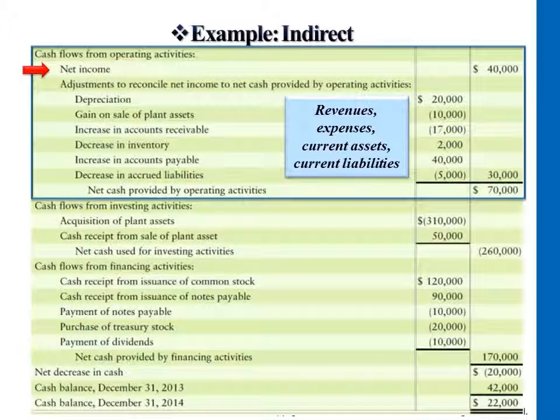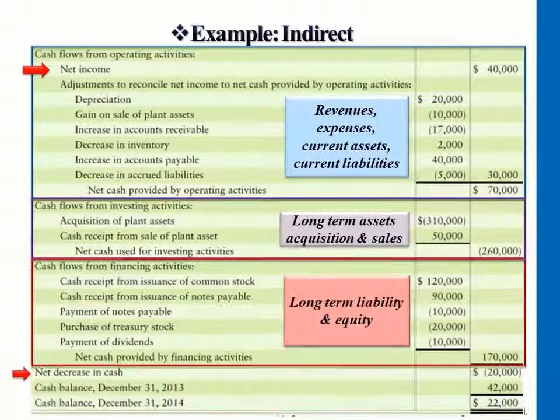If we start from net income, it's easier because the majority of cash increases and outflows are already included there, but we still want to tease out the parts that have nothing to do with cash increase and decrease, specifically the parts on account. Sales on account, purchasing assets on account, anything that relates to accounts receivable or accounts payable will need to be excluded from that $40,000. We're going to go into examples later.